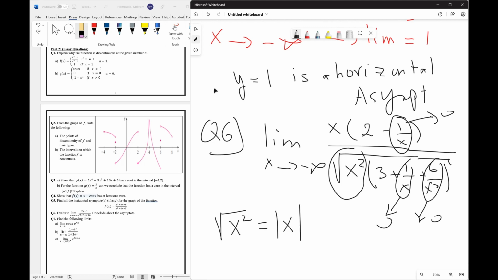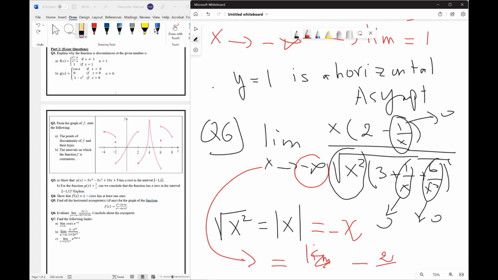But since here I am working with minus infinity, because x is negative, this is like minus x. So my limit will be equal to the limit of x over minus x. So the limit will be equal to minus 2 over root 3.